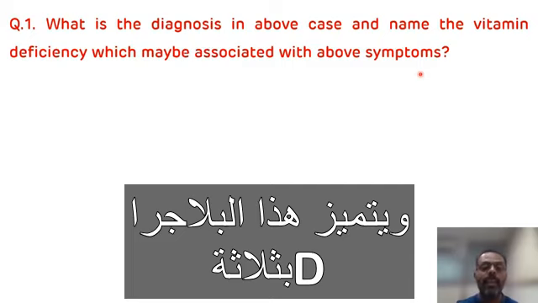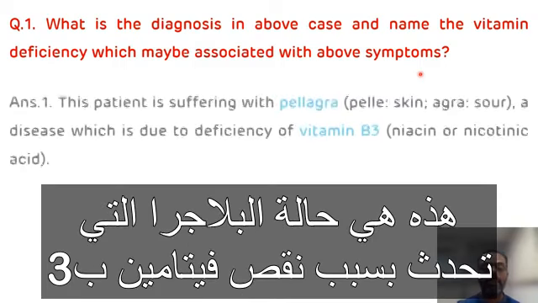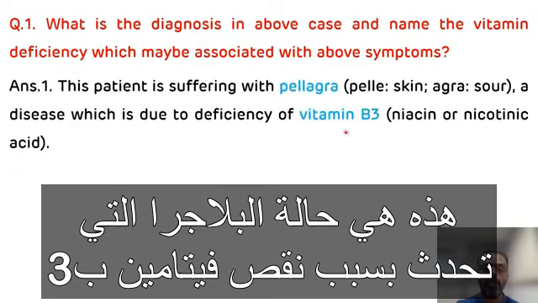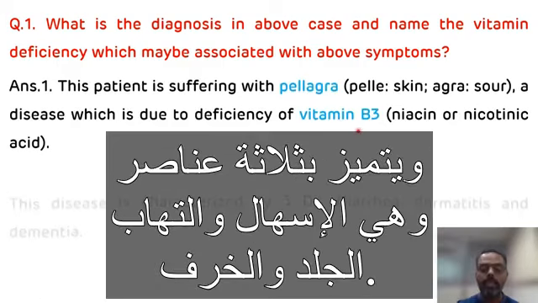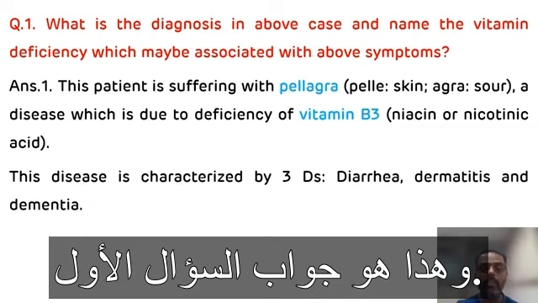Pellagra is characterized by 3Ds, that is diarrhea, dermatitis and dementia. So that is the answer to the first question.